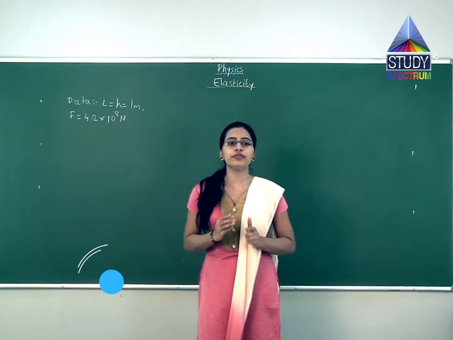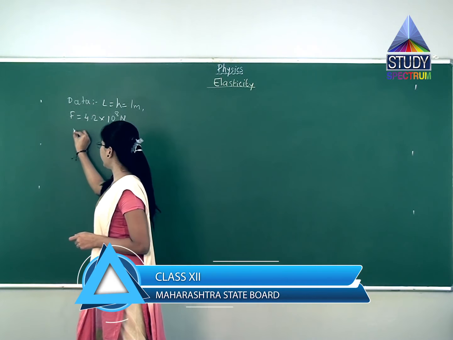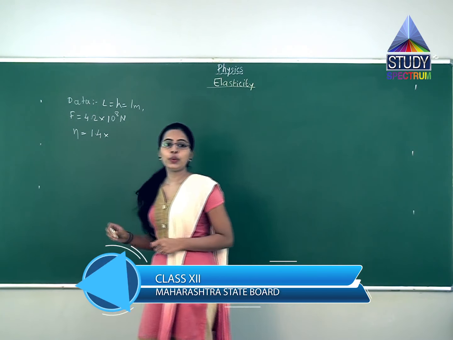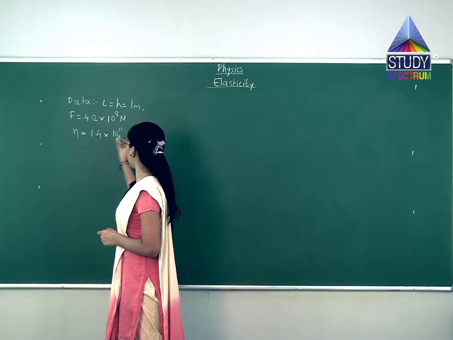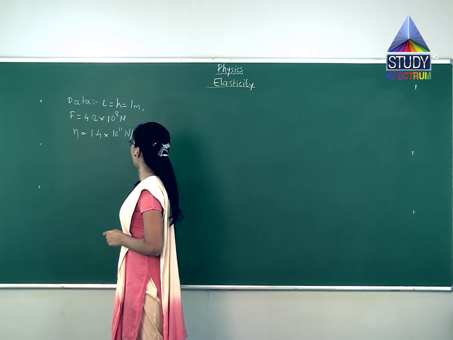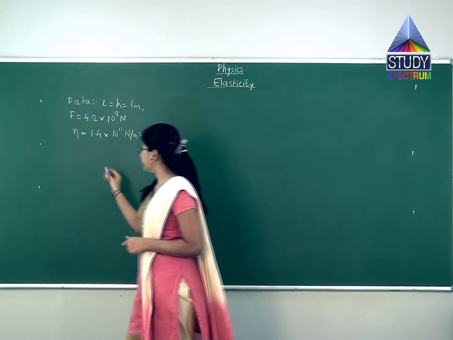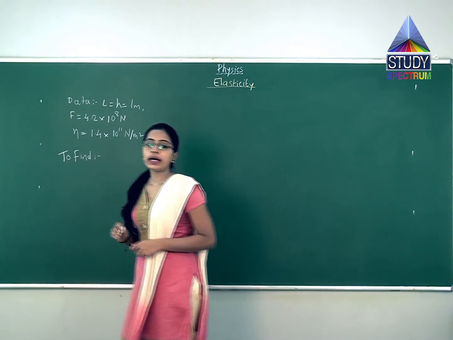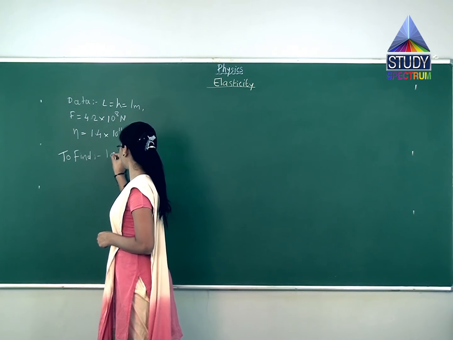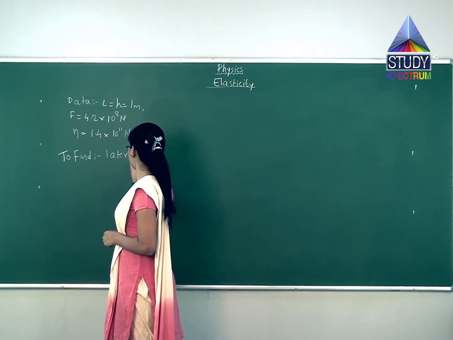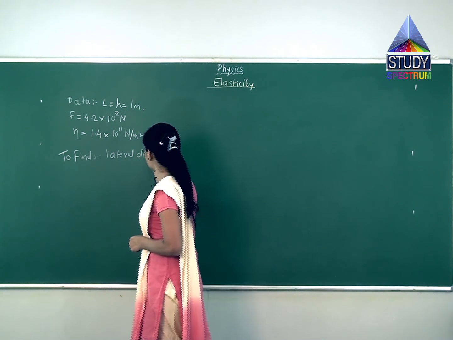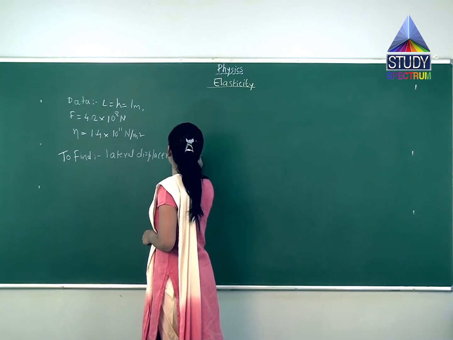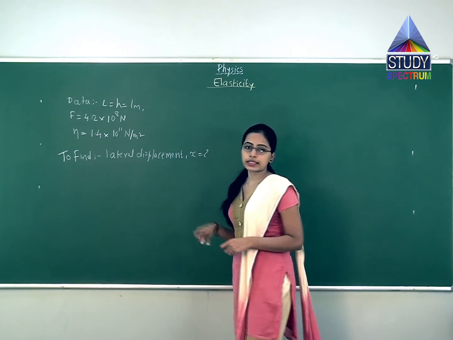Then the modulus of rigidity is given, so eta is equal to 1.4 into 10 raised to 11 Newton per meter square. Now we have to find the lateral displacement. So we will say we have to find the x value.